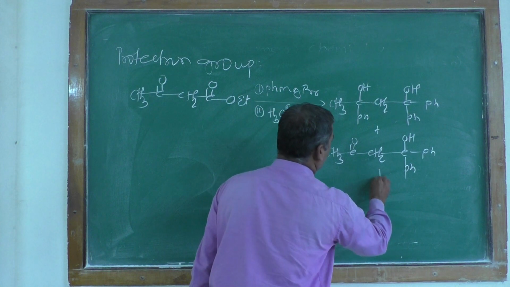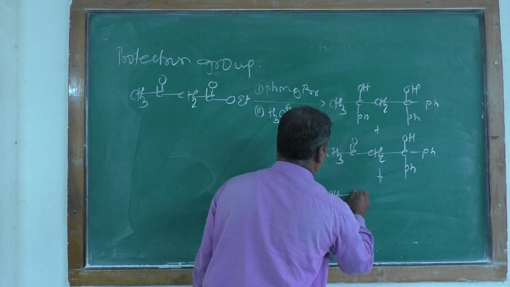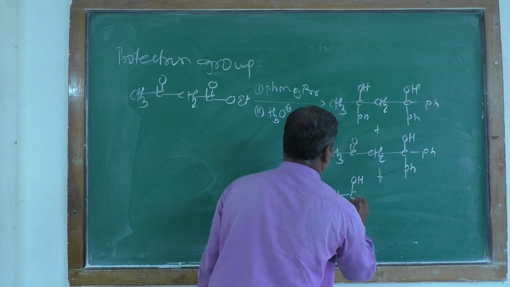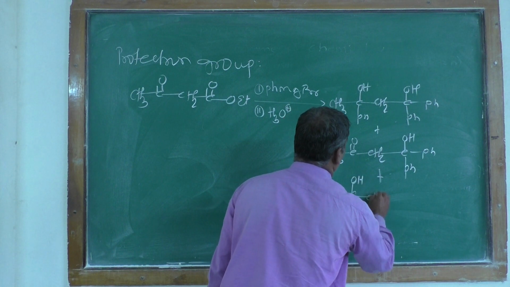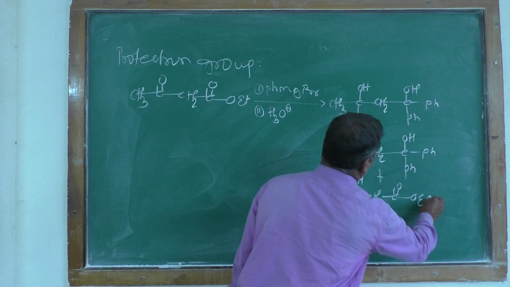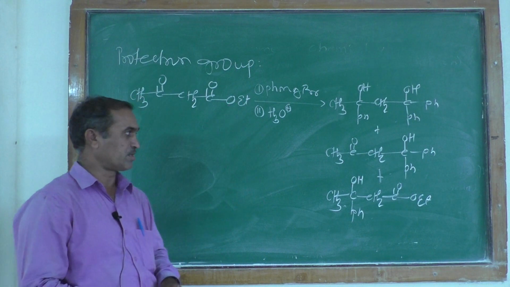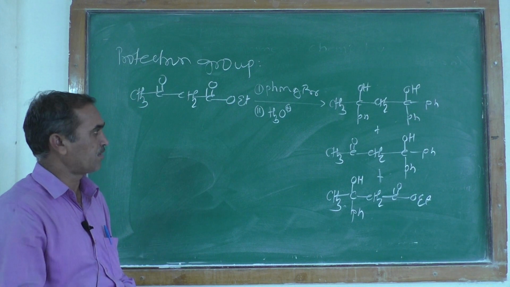In addition to that you will get CH3, then C(OH)Ph, then CH2C=O, OEt. These are the various products that are present there.